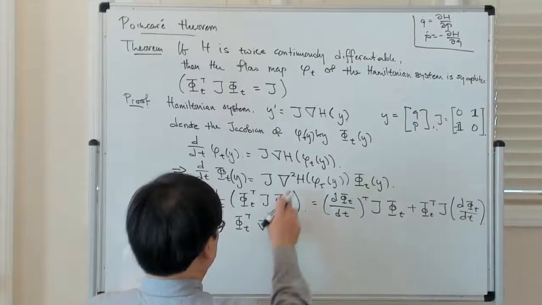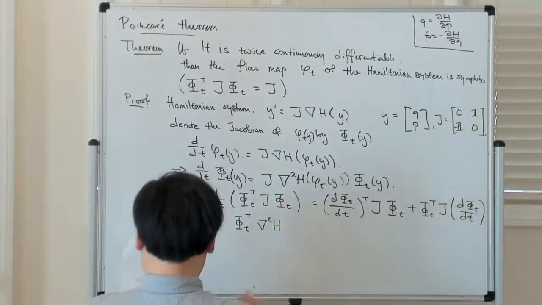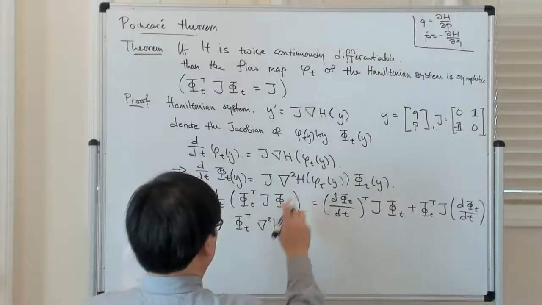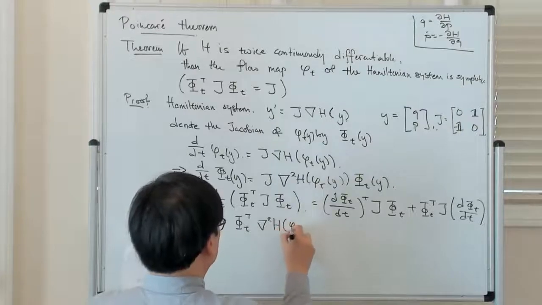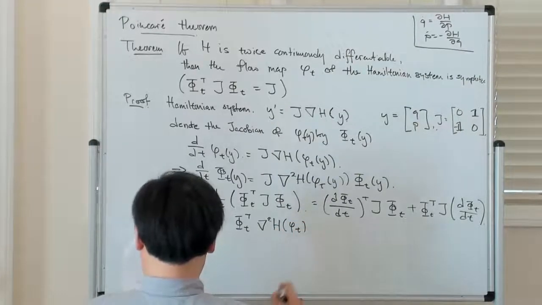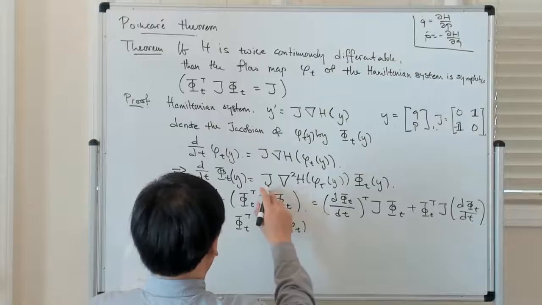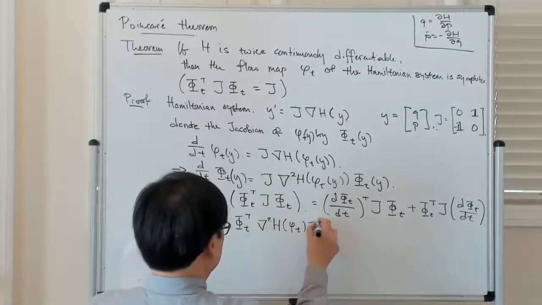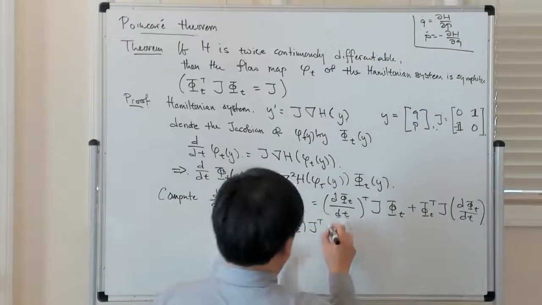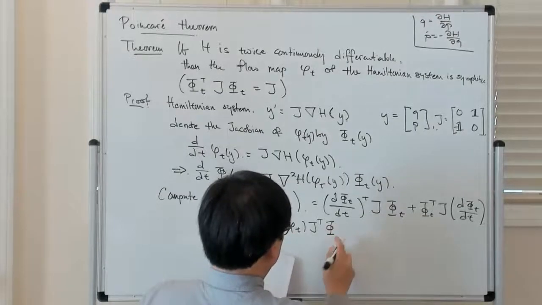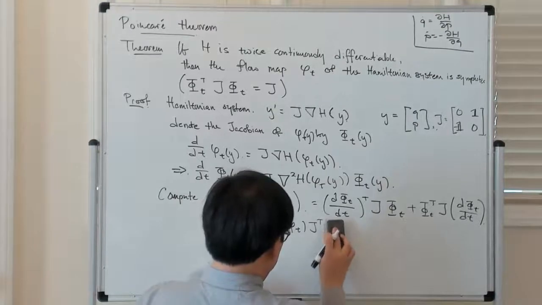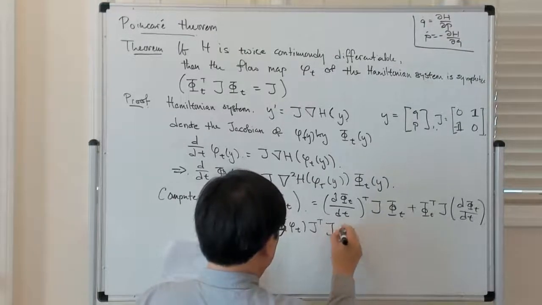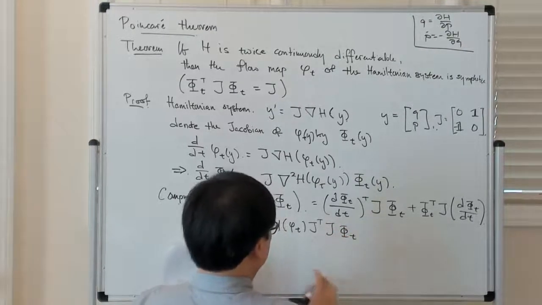And of course the Hessian is symmetric, because of the equality of mixed partials, so its transpose is itself. Then you have J transpose times J times this flow. That's one term.